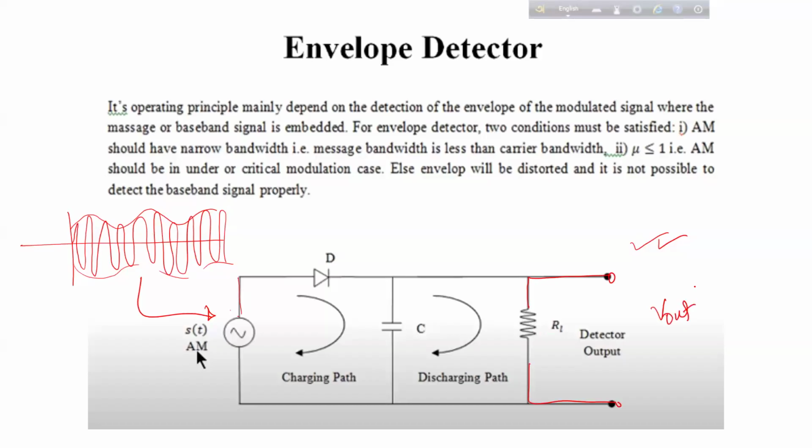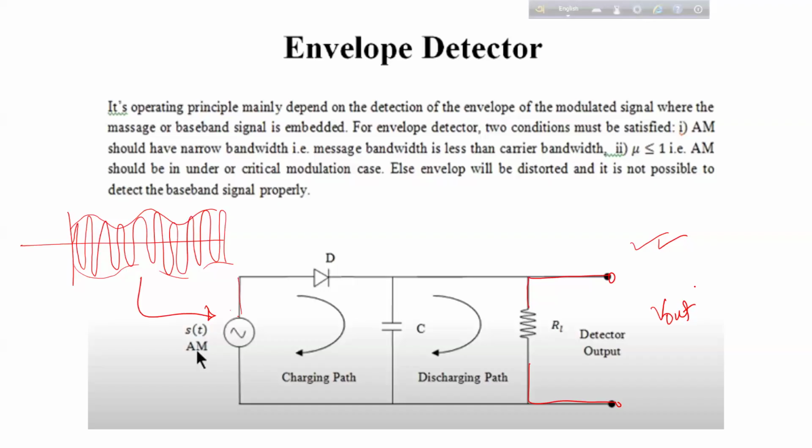Now, let's understand the working of this circuit. When you see the diode, you have to get the point that if there is a diode in my circuit, then this diode will work as forward bias or as reverse bias.